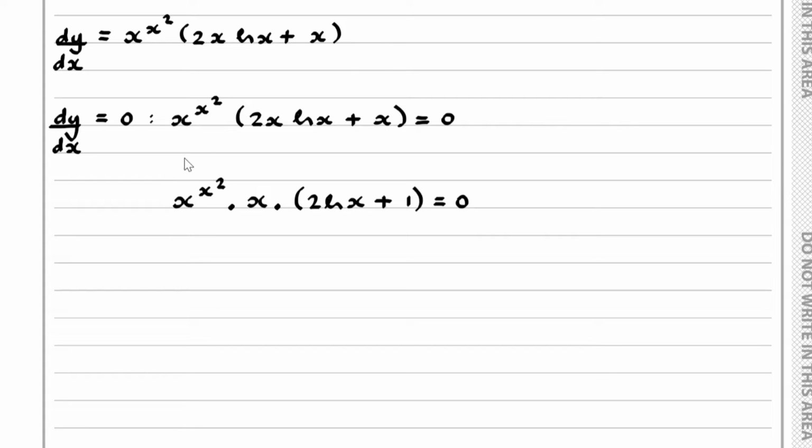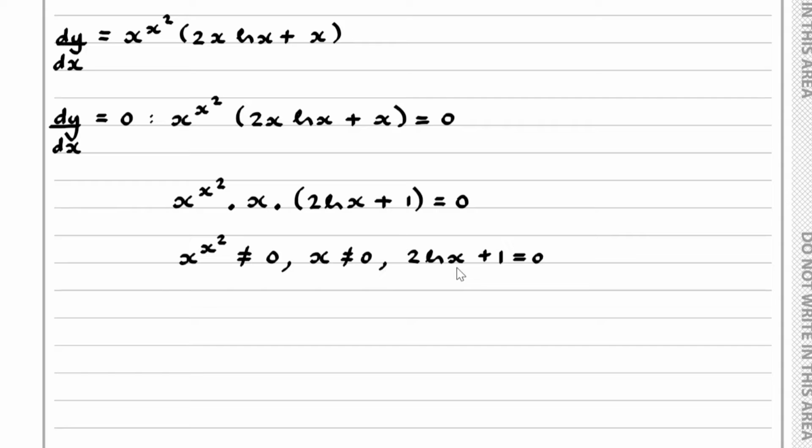Now from here we can see that x to the x squared will equal 0, x will equal 0, or 2 times the natural log of x plus 1 will equal 0. But because we know x is greater than 0, x cannot equal 0, and x to the x squared cannot equal 0.